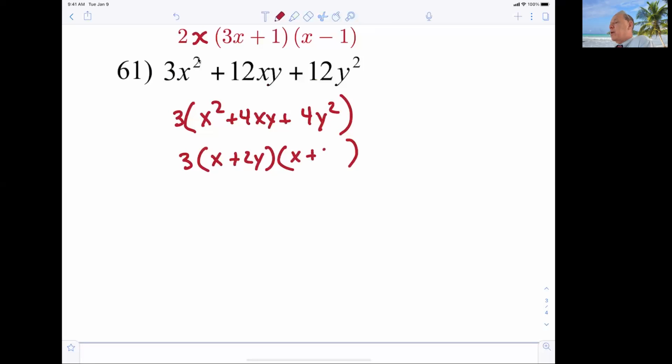Yes. So we're going to put x plus 2y, x plus 2y first. And then you're going to go ahead and write 3 times x plus 2y squared. Now, again, for those of you who are still wondering, there's 2xy and 2xy, which makes the 4xy. Okay?